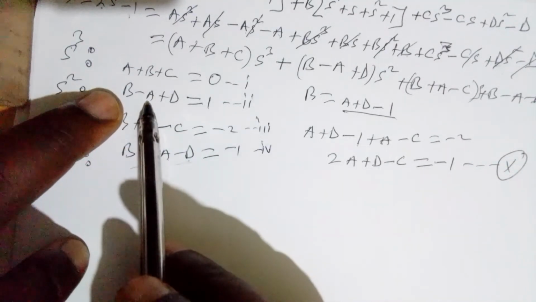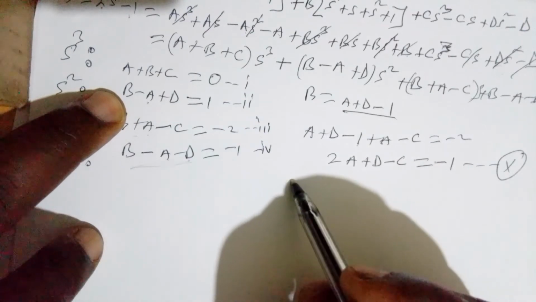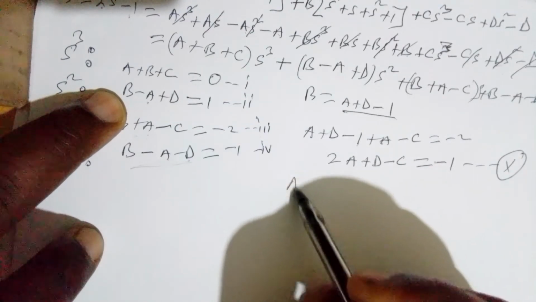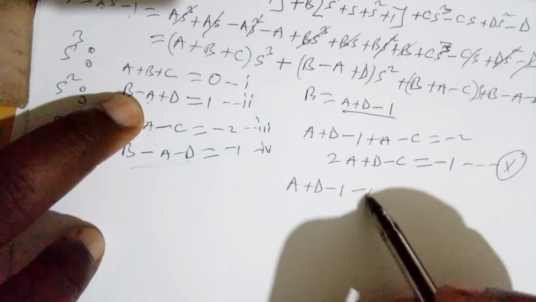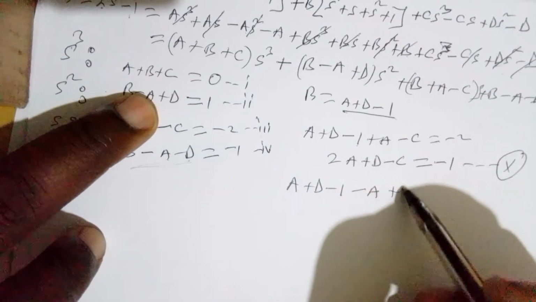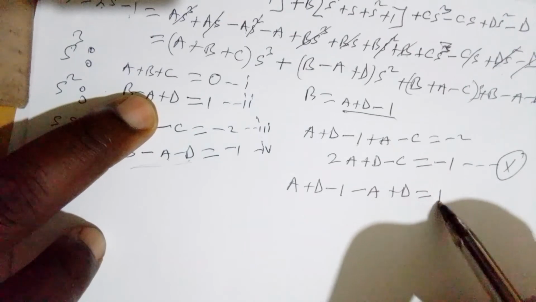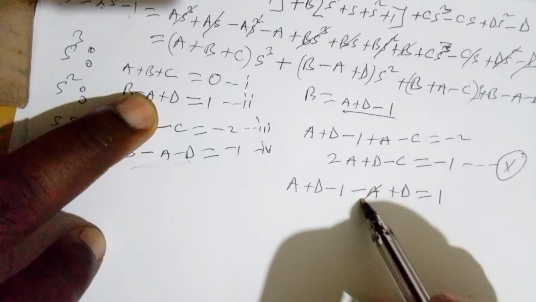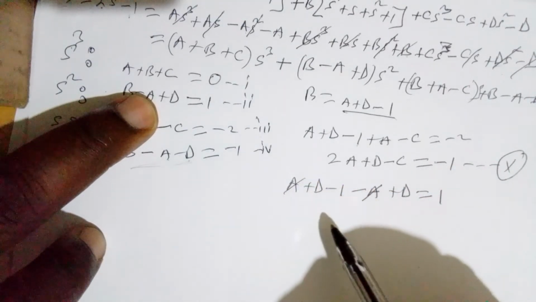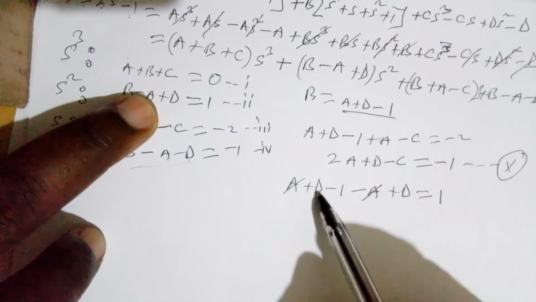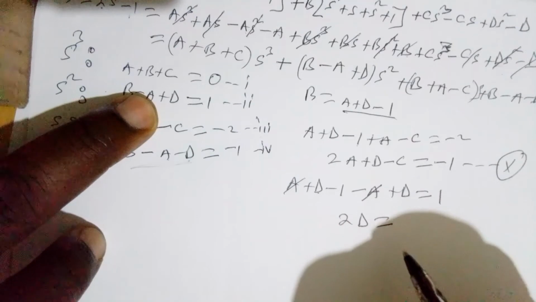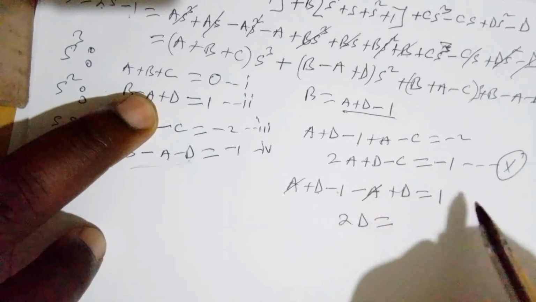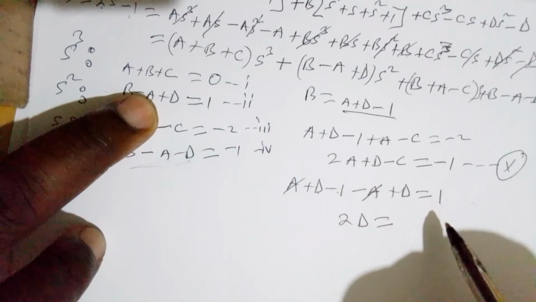Then I substitute b in the 2nd equation. I have a plus d minus 1 minus a plus d equals 1. A and a will cancel. So I have d plus d, I have 2d equals, -1 crosses to the other side, it becomes what?